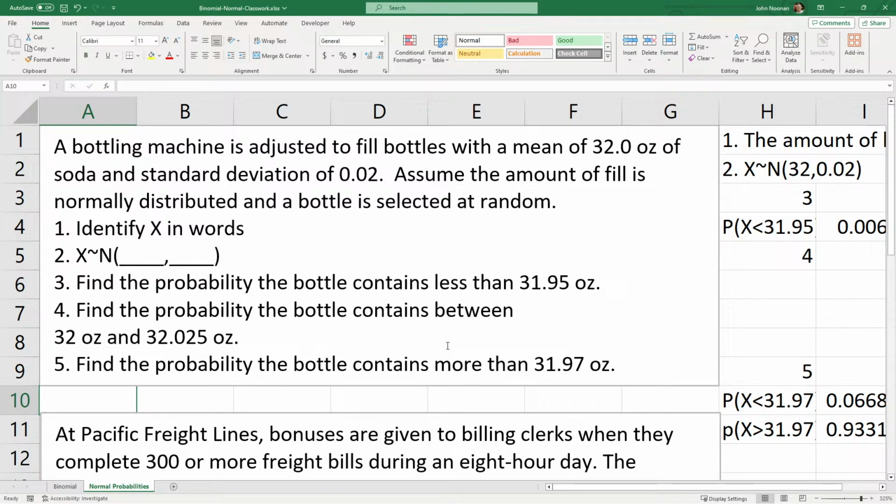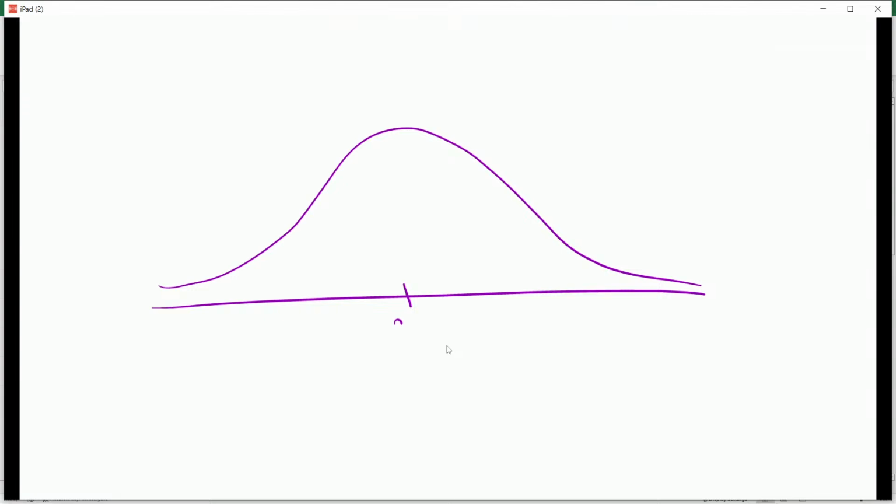I can't, just a minute. That's pretty bad as well, but I'm going to just deal with it. So here's my normal curve. Okay, so 32 is in the middle. I'm just going to do this, 32.025. I realize that the actual standard deviation is 32.02.